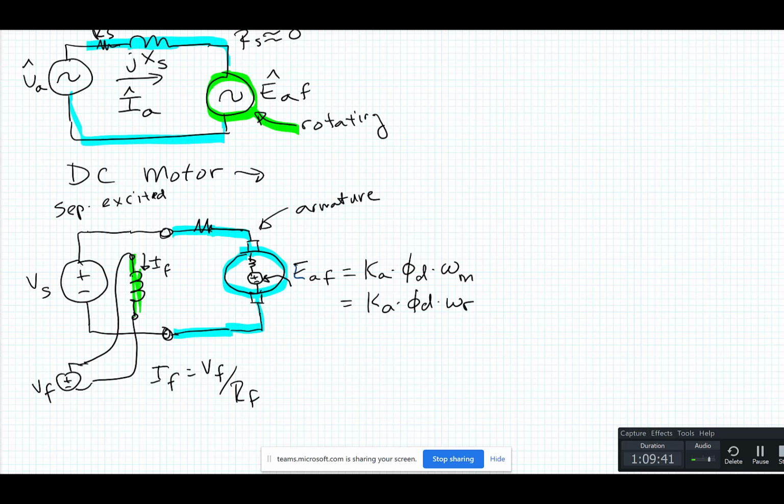Here's your voltage right there, and there's a resistance here. This is the armature resistance, which we call R sub A. And there's a voltage drop across that, which is R sub A times IA. That's the armature current. So there's an armature current IA.